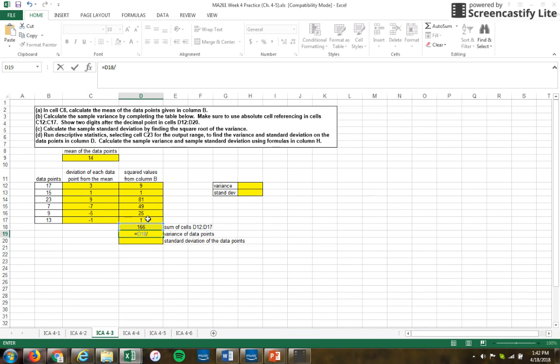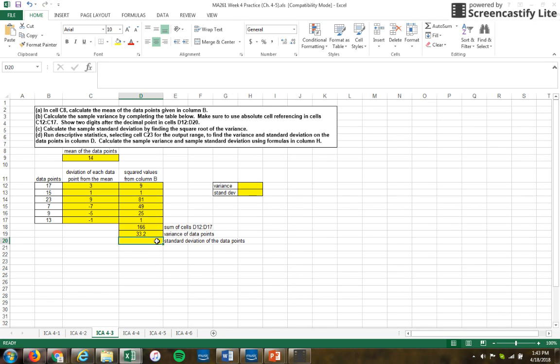If we look at this, we have 1, 2, 3, 4, 5, 6 variations that we're looking at, but to find the variance, we want to take one less than that. So that would be D18 divided by 5. So our variance is going to be 33.2. So your sum of all the squared variations divided by the number of observations minus 1. That formula is in your book.